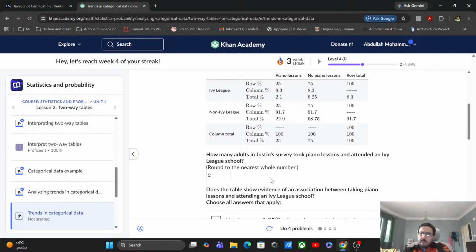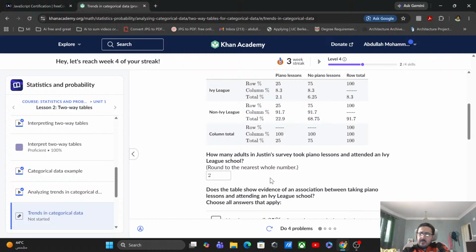Two. Are you going to say three? I don't think so. Does the table show evidence of an association between taking piano lessons and attending?